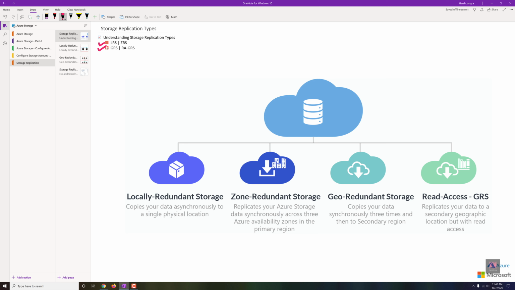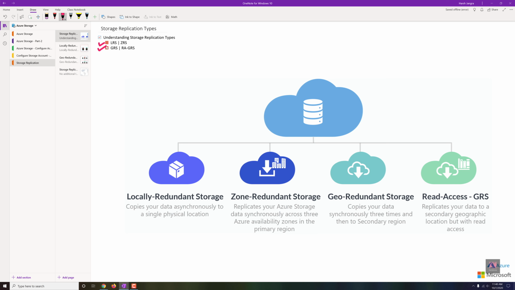So whenever your organization says, hey, I need a low cost solution from Azure Storage, always go for LRS. If they have concerns, we need a little bit higher availability in terms of storage, but we still need a low cost solution, then choose zone redundant storage. I will tell you the difference between locally redundant storage and zone redundant storage, but here it just gives you a better idea which one you have to choose while creating your storage account.